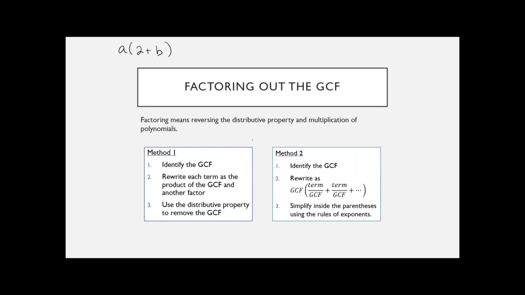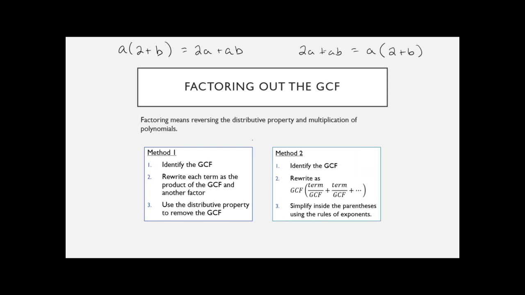We were multiplying last week, A, and you're distributing it through the parentheses. So you'd have 2 times A plus A times B. Factoring would be taking what's on the right side and undoing it. So if somebody said to factor 2A plus AB, you're basically pulling out the A that's in common and then writing what's left. So it's the reverse of multiplying.